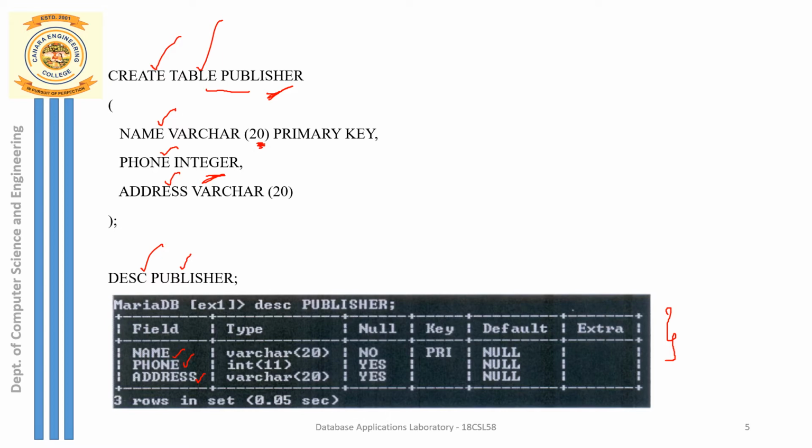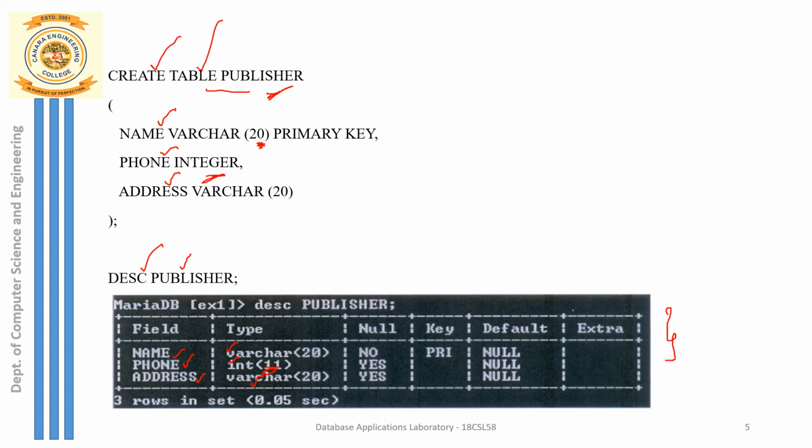You can see the 3 fields or the 3 columns of your table, and you can see the data type of each column. The publisher name data type is varchar, the phone number data type is integer, and by default it has taken 11 bytes. Actually here you can mention the size also, int followed by the size.